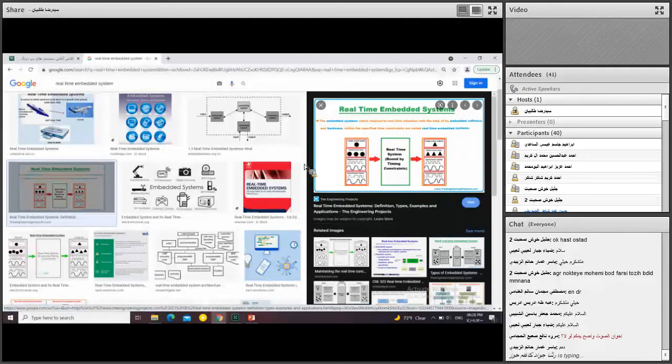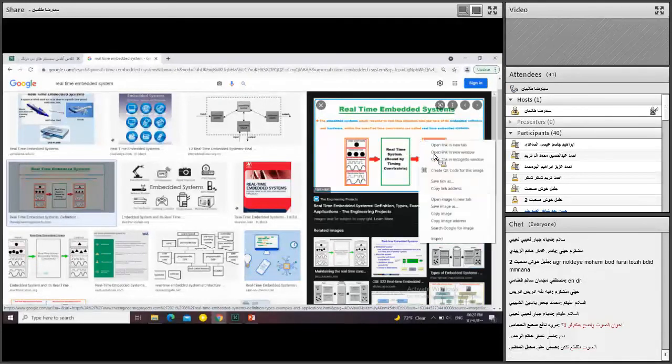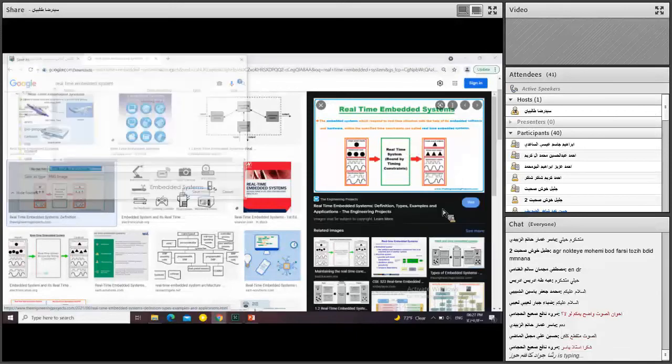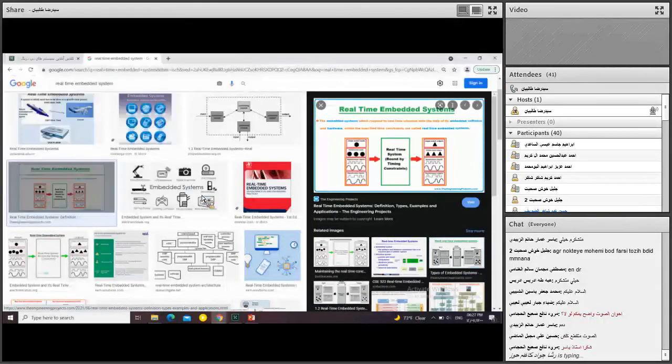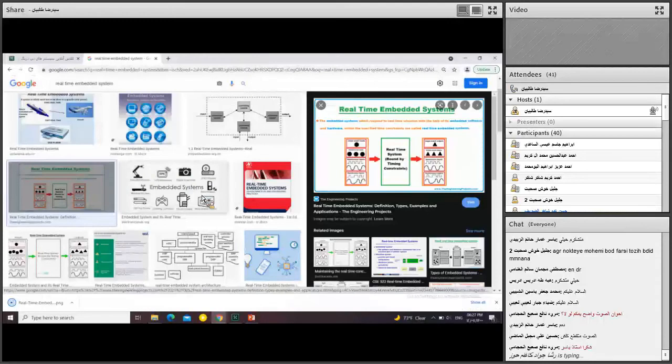It has a very good definition here. Real-time embedded system. Let me save this image and then send it to you.